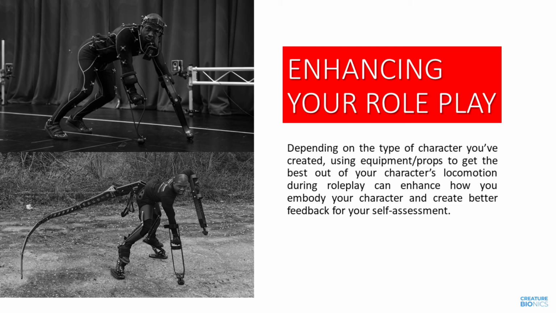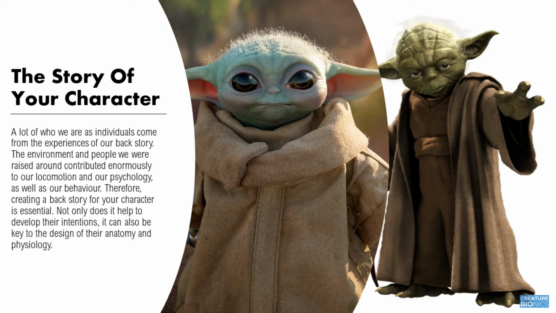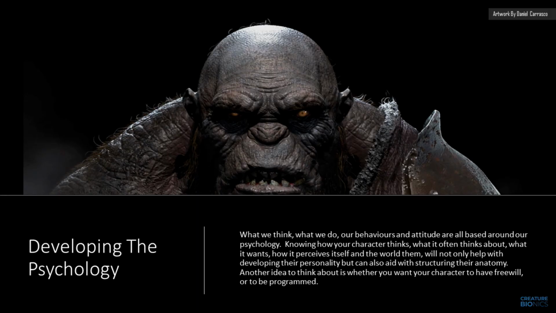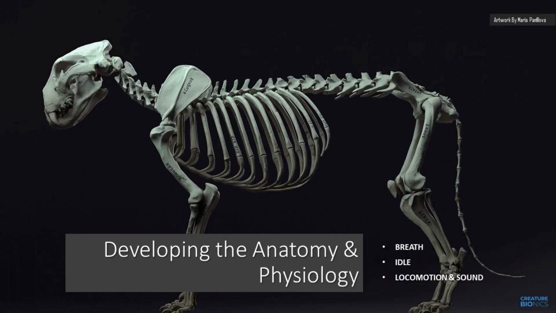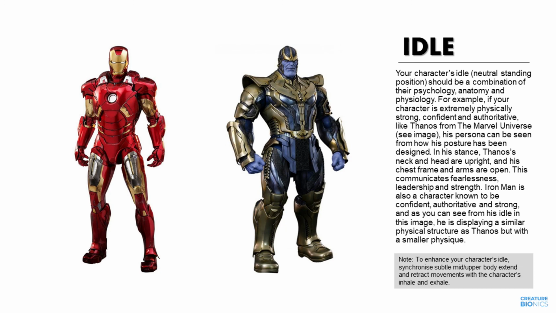All right, so just to recap on everything that we said, the main rules is 1, create the story, because without a story, then who is this being? 2, once you create the story, create the psychology. After you create the psychology, work on the anatomy and physiology. Of course, you can design the anatomy and physiology first, and then you go back to what's the backstory of this character, and then creating the psychology.